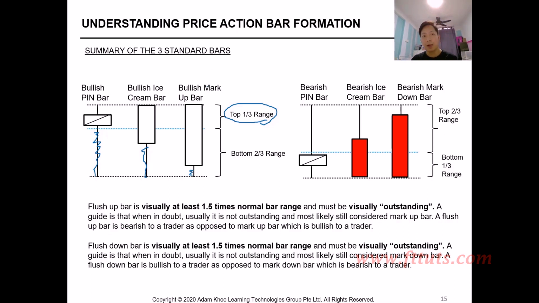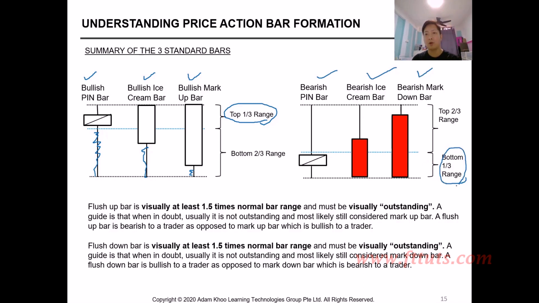The bullish markup bar is more of, like I mentioned earlier on, a kind of bullish commitment in price action. Okay, so if you identify either one of these, this or this is your bullish EXE signal. And of course, you have your bearish EXE signal, either one of these. They must all close at the bottom 1/3 range.